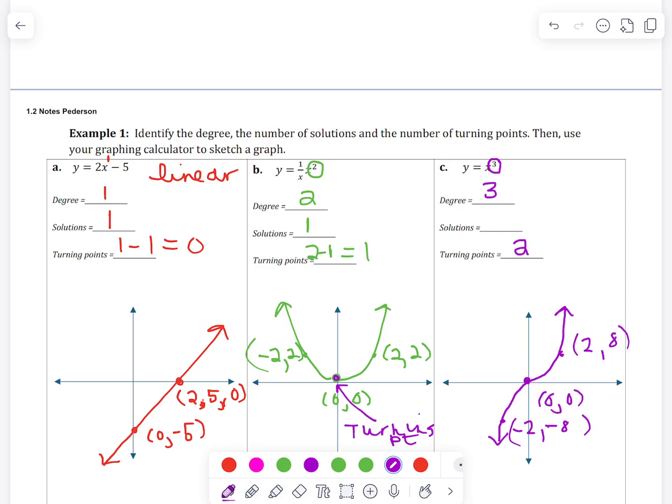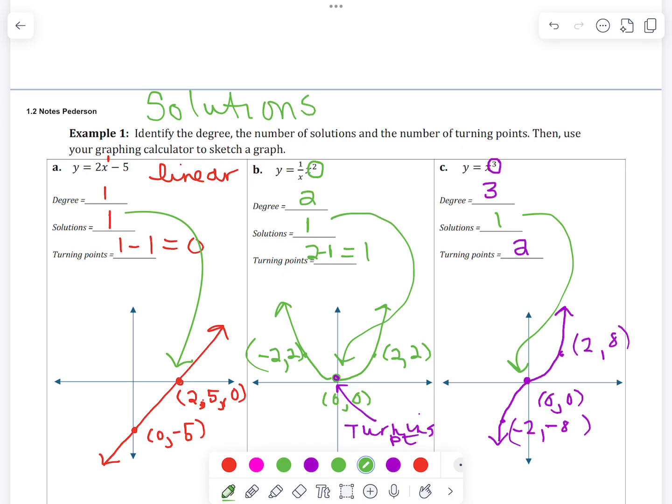And again, this one's only going to have 1 x-intercept right there. And these are what we call the solutions, the zeros, or x-intercepts.